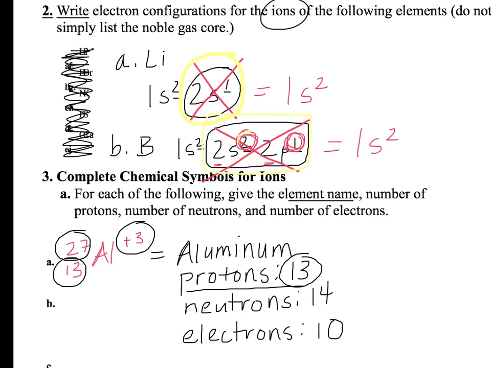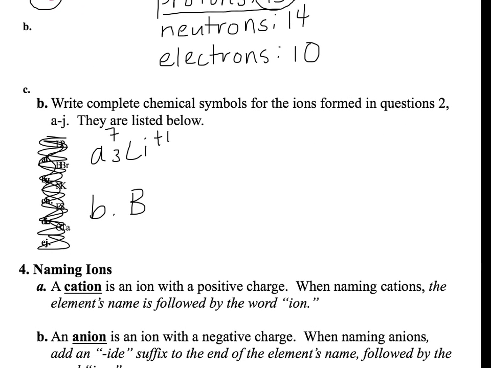Since it lost electrons once again, that's going to be a positive number for boron. And because it lost 3 electrons, it's going to be a +3. So boron +3. Again, the atomic number and the atomic mass you can find on the periodic table and do that on your own.